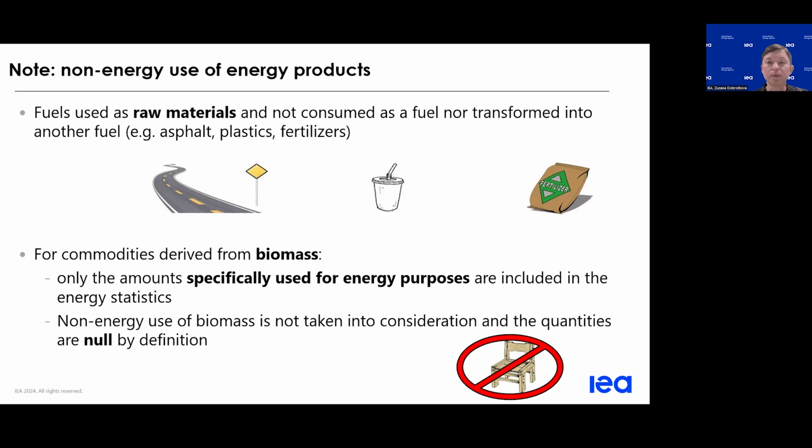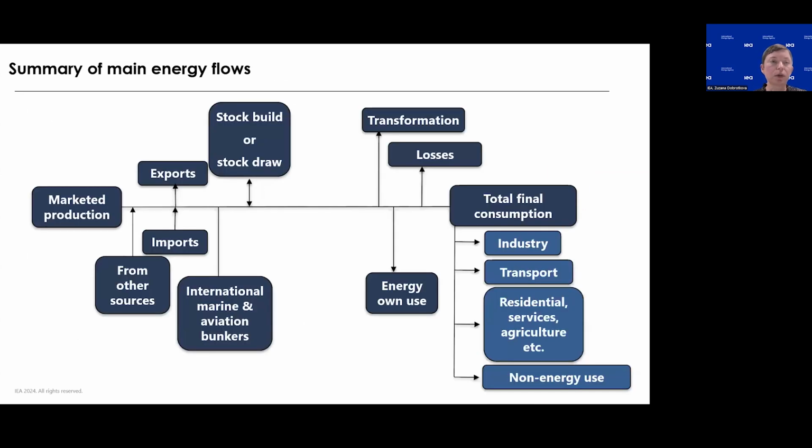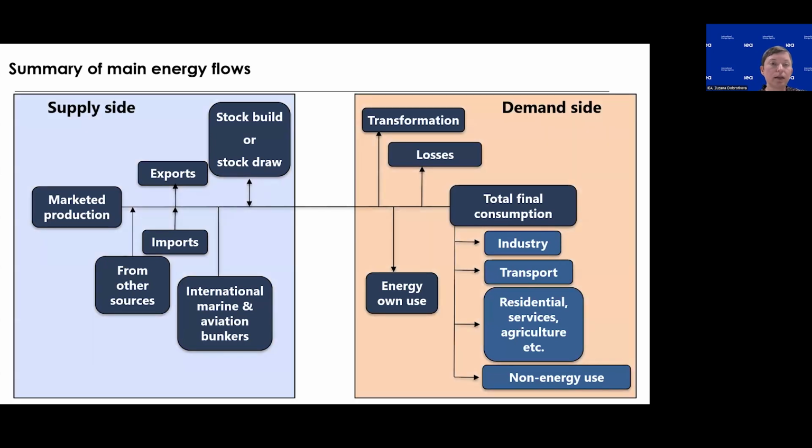Now, let me sum up quickly the main energy flows. On the supply side, we have the production, trade, and the bunkers, and then on the demand side, we have spoken about the transformation sector, own use of the energy sector, and total final consumption in different end-use sectors.